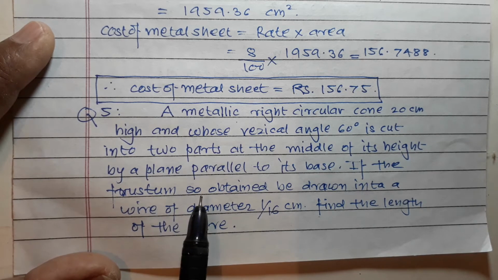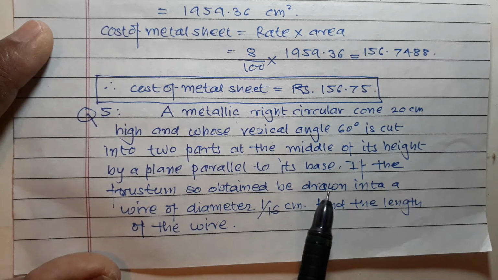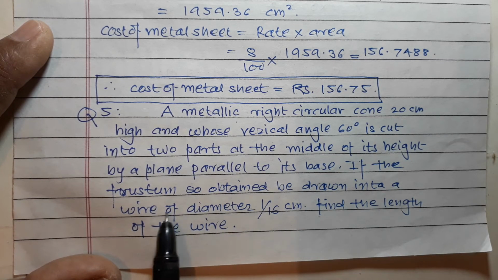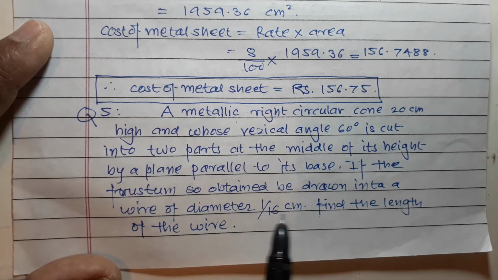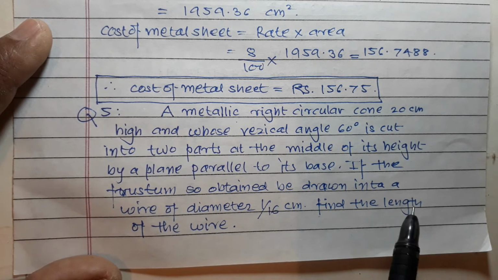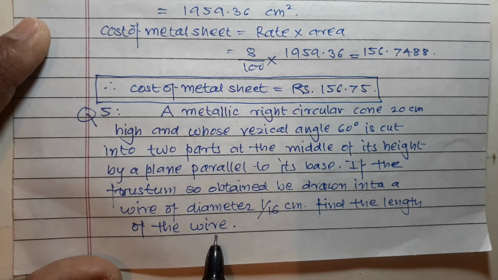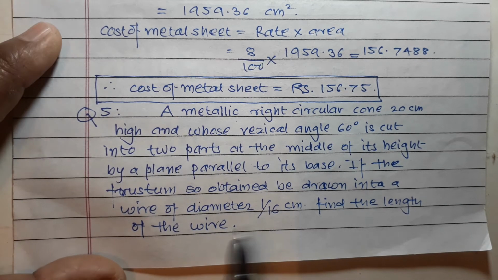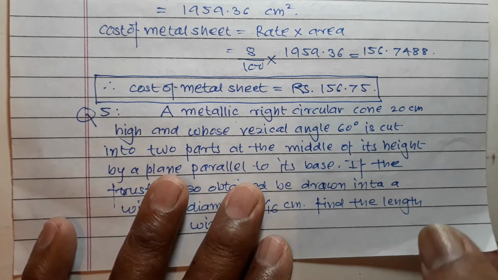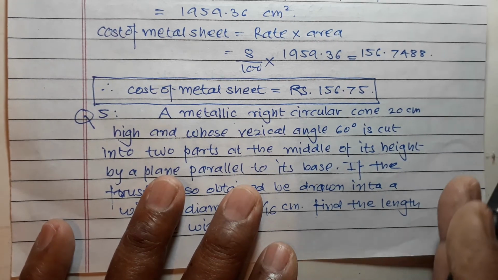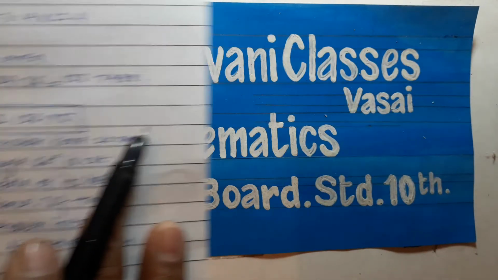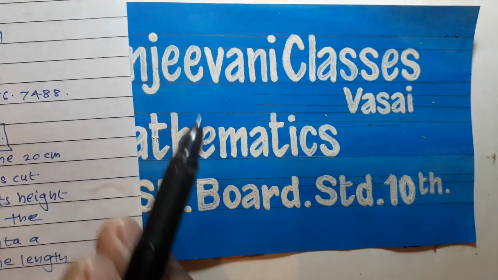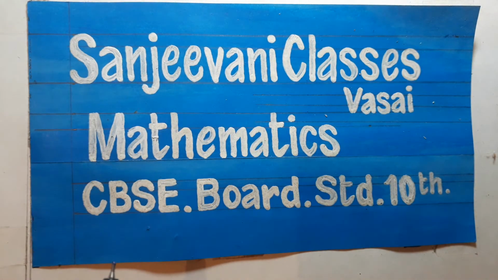If the frustum so obtained is drawn into a wire of diameter 1/16 centimeter, find the length of the wire. This is also an important example. All these examples are very important, so you concentrate, because in this case calculation is slightly complicated.